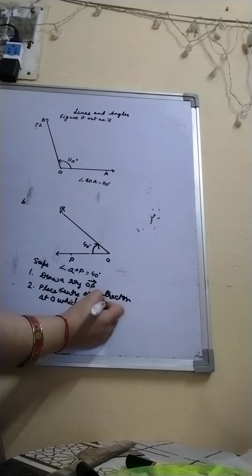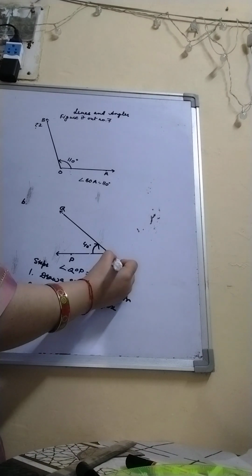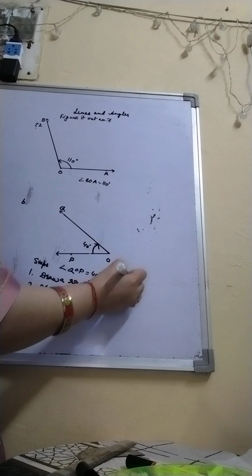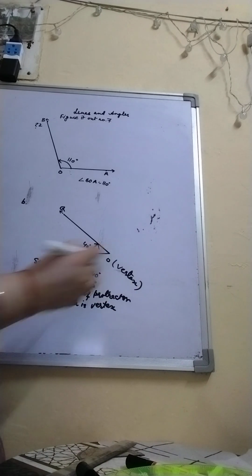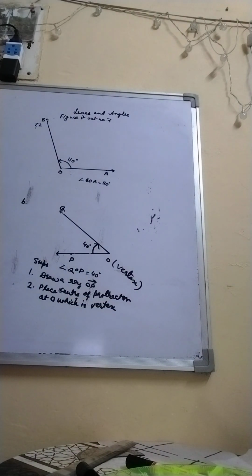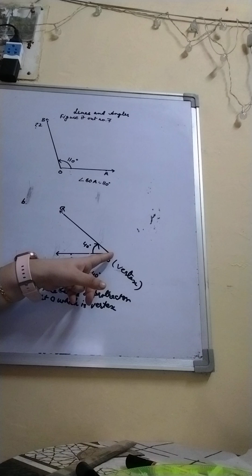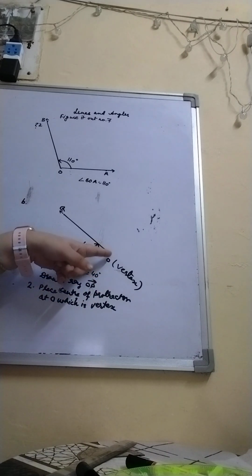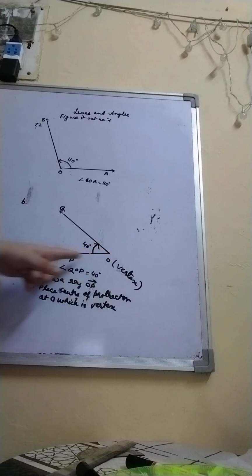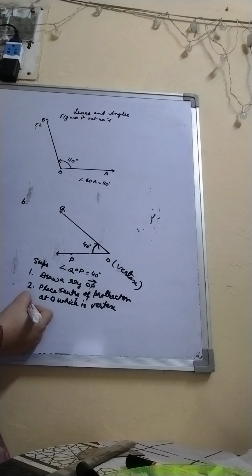So if you want to define O as vertex, you can always write it over here also, which point you are taking as vertex. Of course, the endpoint, the starting or initial point of the ray, you take as O, which is vertex.